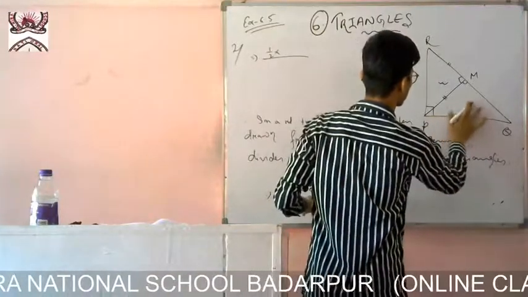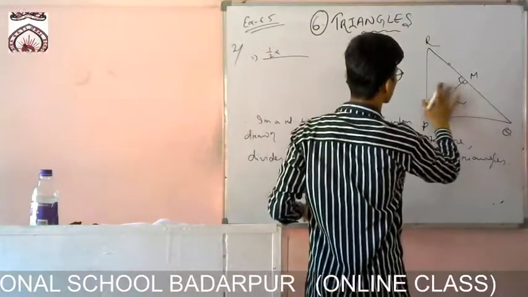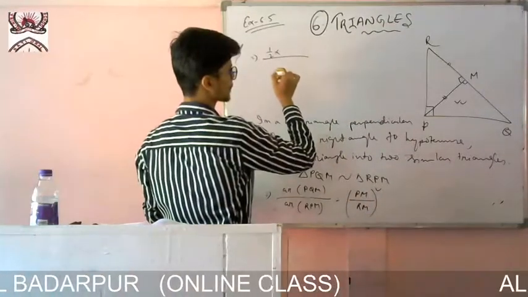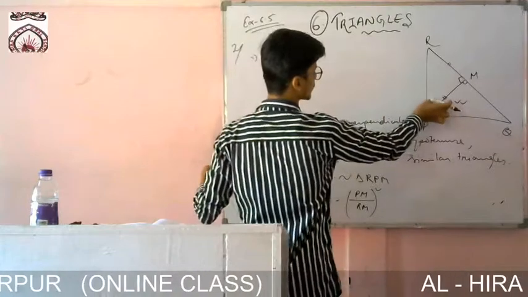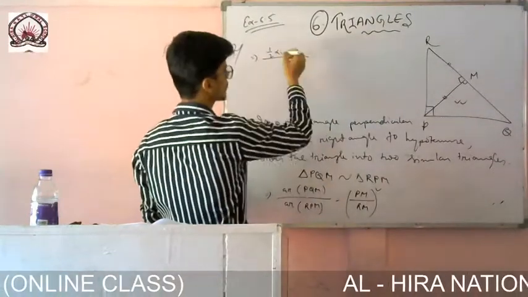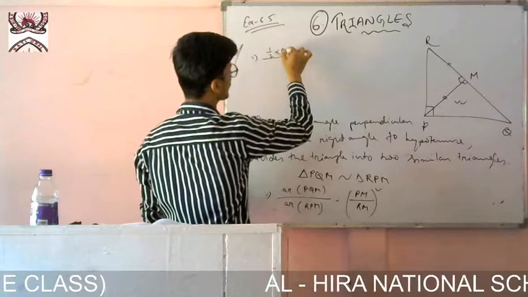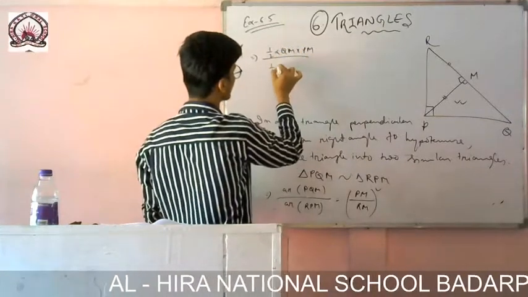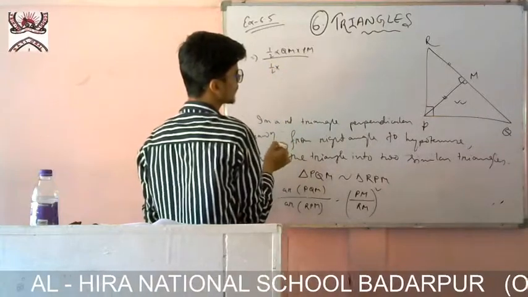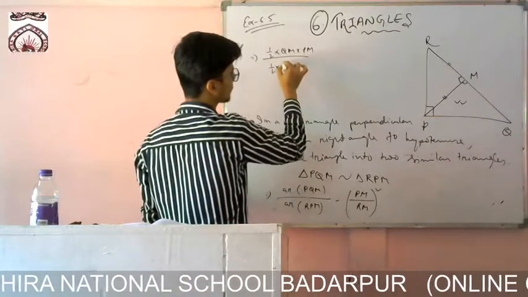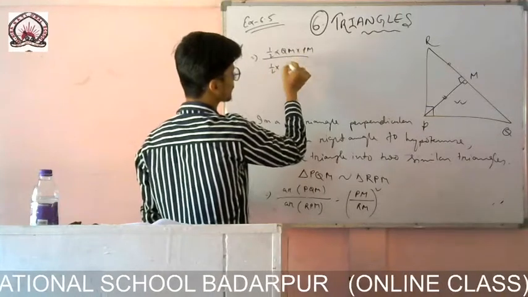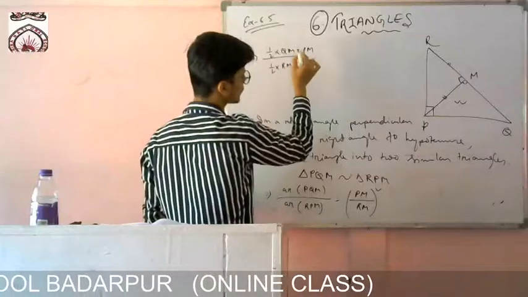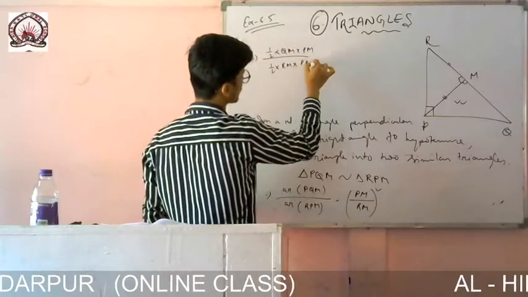This triangle PQR. So the base will be QM and the altitude is PM, divided by half into RM into PM for the other triangle, and there it will be PM square by RM square.